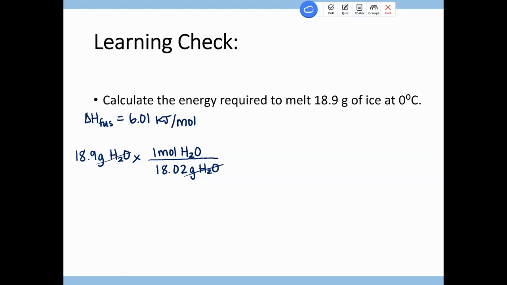We've converted to moles of H2O. Then we can multiply by the heat of fusion, 6.01 kilojoules of energy per 1 mole of H2O. We cancel out moles of H2O, and we're left with units of kilojoules.